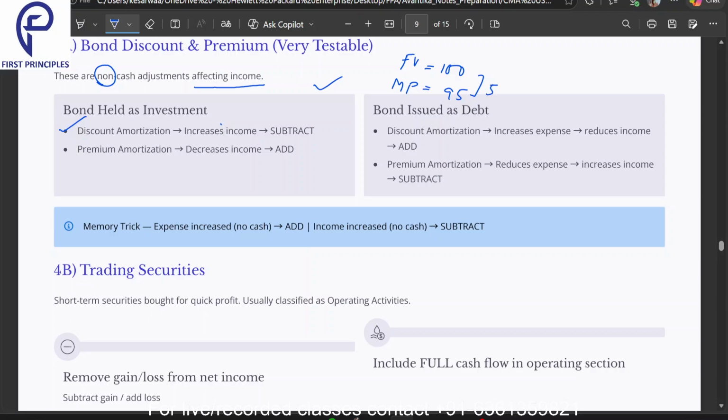Then what is bond premium? Suppose we take sneakers, which are high in demand. Sorry, I just took it wrong.